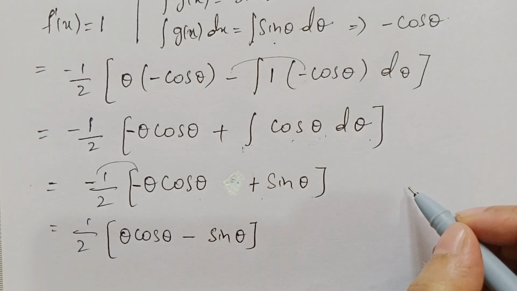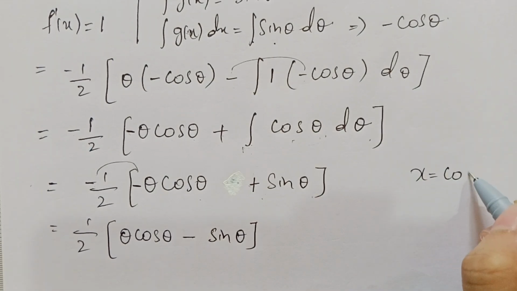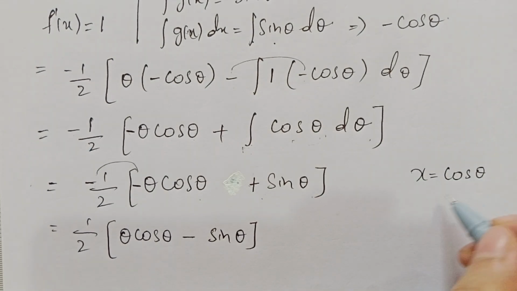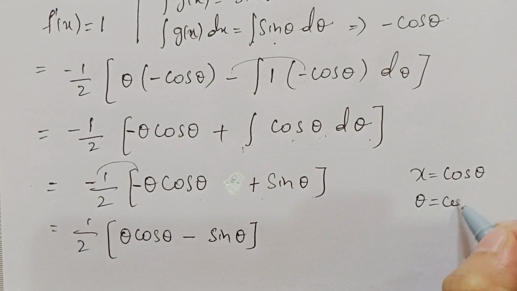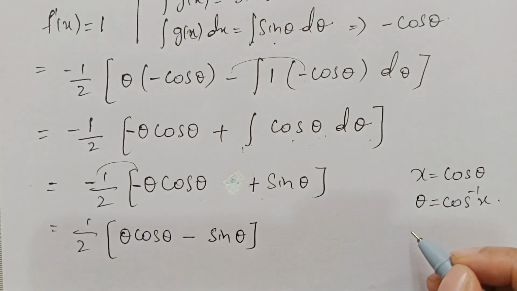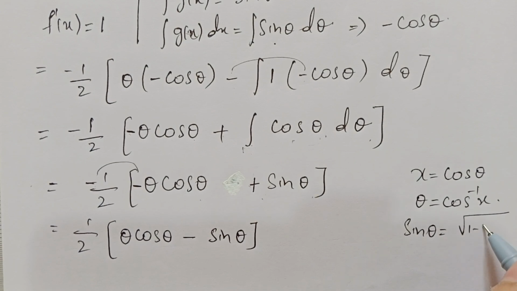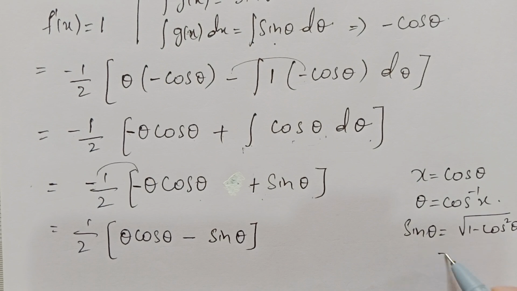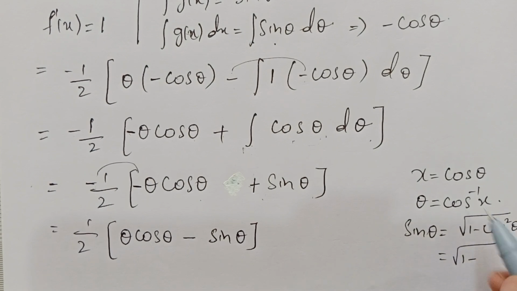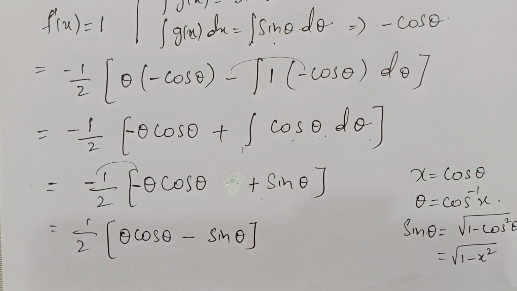As we have considered the value of x is equal to cos theta, from here we'll get the theta value as cos inverse x, and we know that sine theta is equal to root 1 minus cos square theta. So here root 1 minus cos square is nothing but, since x is cos, we can write it as x square.